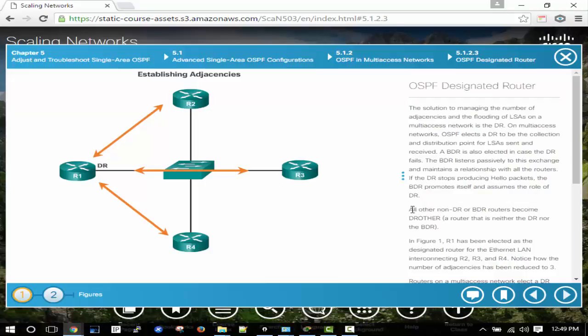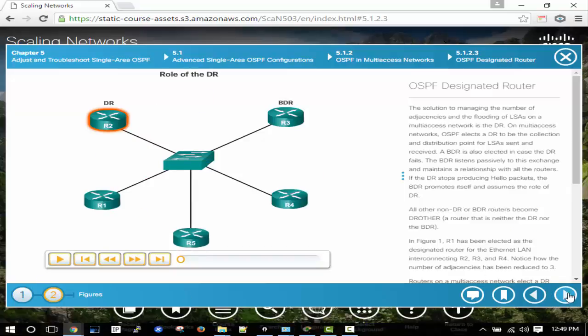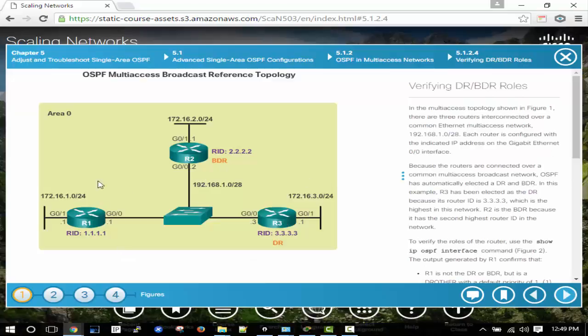What's going to happen? All other non-DR/BDR routers become DROther, a router that is neither a DR nor a BDR, a DRother. Okay, what a cool term. Alright, so this guy's the DRother, BDR, DR, area 0.